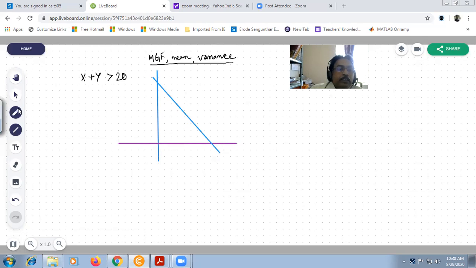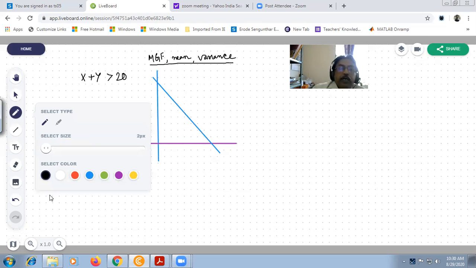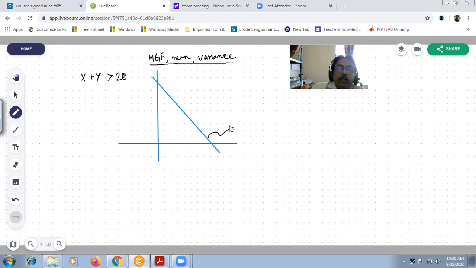This line is x plus y equal to 20. So this is 20 comma 0, this is 0 comma 20. We make a 10 here, and put a line.